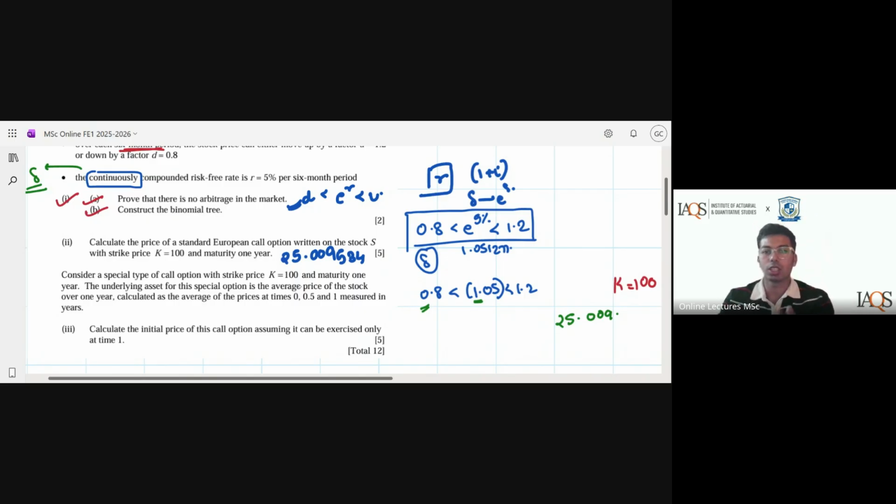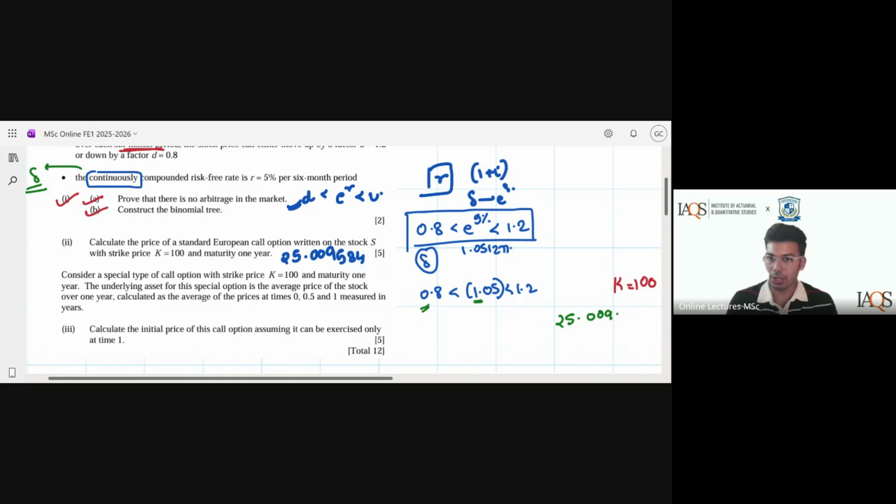Let's read it together. Consider a special type of call option with strike price K equal to 100 and maturity 1 year. So I know the strike is still 100, and the time period still holds. The underlying asset for this special option is the average price of the stock over 1 year, calculated as the average of the price at time 0, 0.5 and 1.